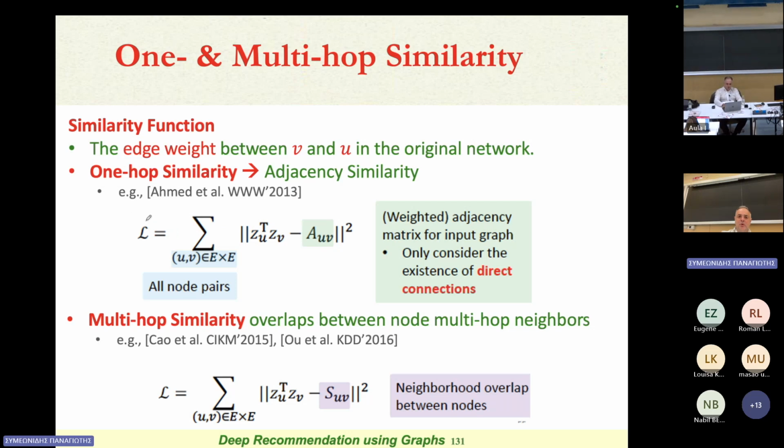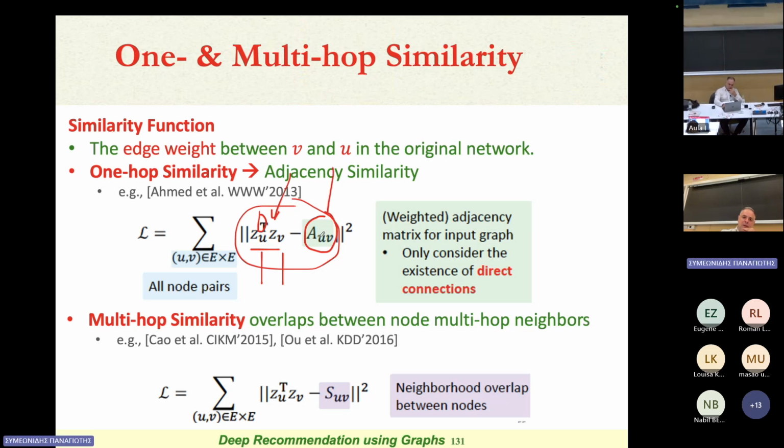Here we can see some loss functions which use the square loss, a pointwise loss function. We have the two node embeddings here. You take the first embedding times the second, transposed, and you want to see how far this product is from the ground truth.